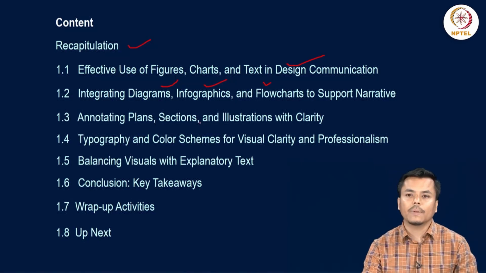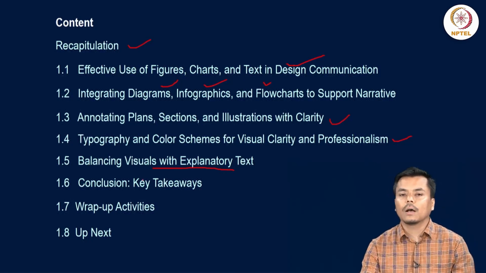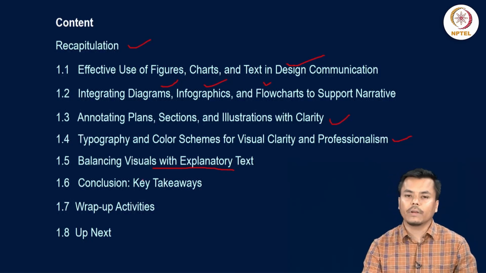Annotating plans, sections and illustrations with clarity will be covered along with the details about typography and color schemes for visual clarity and professionalism. How we can balance visuals with explanatory text will also be discussed, and at the end we will try to identify key takeaways of this presentation along with some wrap up activities and the topics that will be covered in the next presentation.